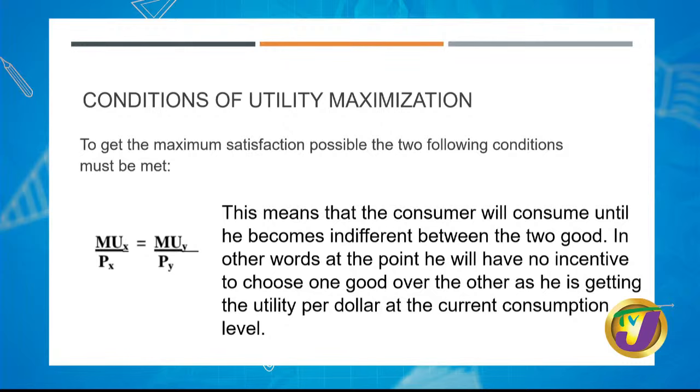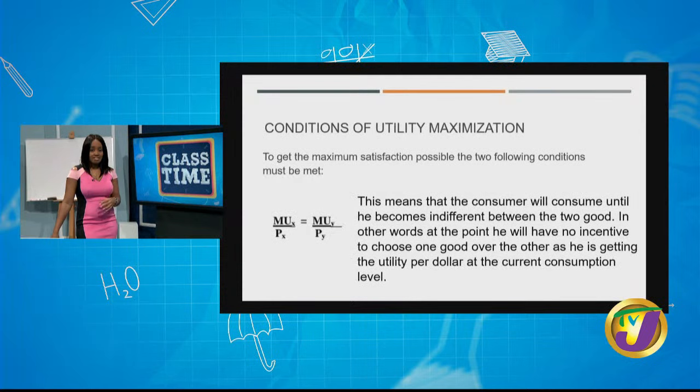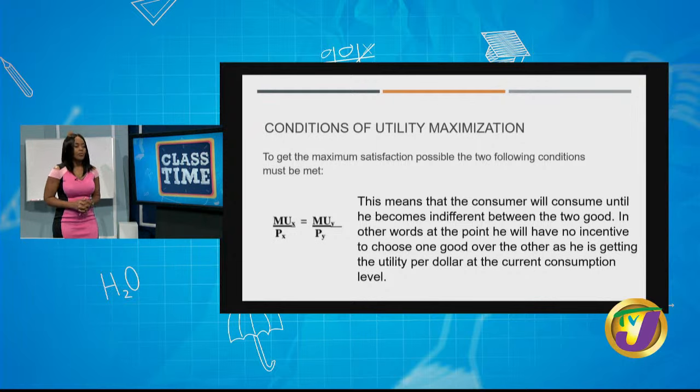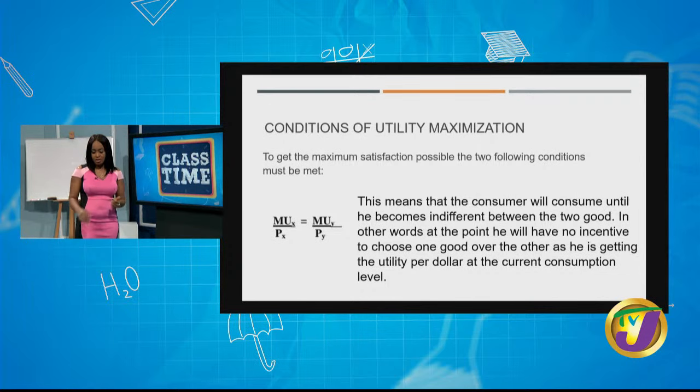When the satisfaction of that good that you prefer starts to decline, you'll notice that the other good, because you haven't purchased any units of it, will have a higher level of marginal utility or satisfaction, and so you'll make the decision to start purchasing the other good. So eventually you get to a point where you're indifferent. It doesn't matter which good you're purchasing because the satisfaction gained from both will eventually be equal.